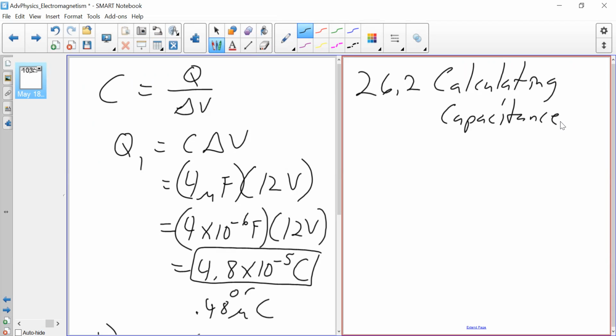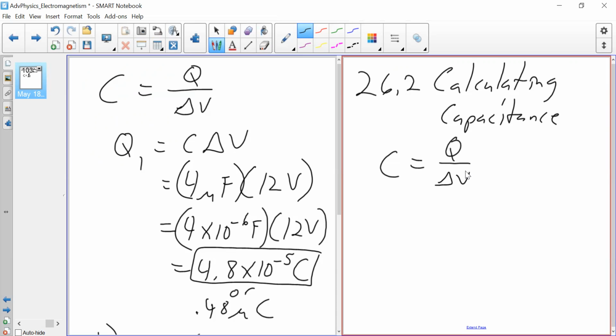Now, let's say that we had a capacitor and we want to calculate the capacitance by this equation, C equals Q over delta V. Here's an example.